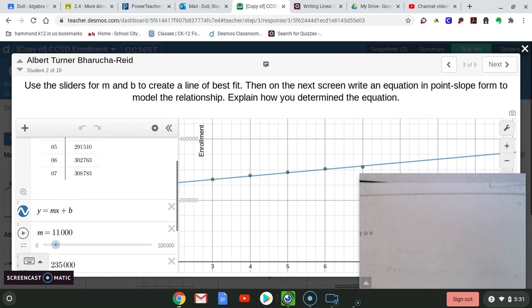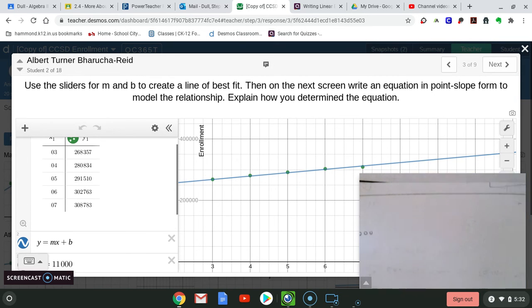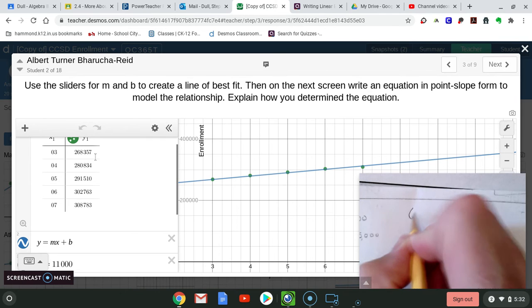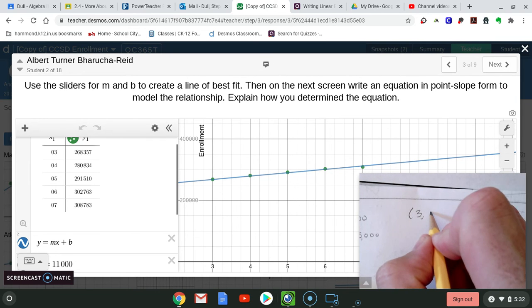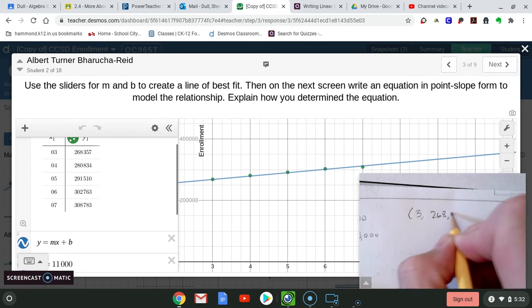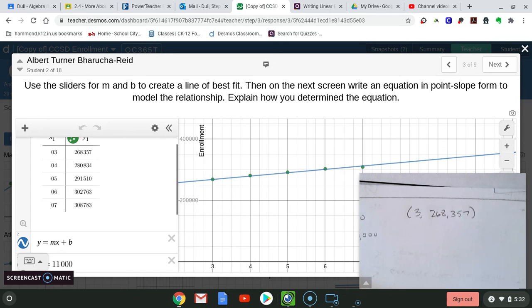So here's where things maybe went a little sideways with some of the work that we did. So if we do point slope form, we have to take a point that we're reasonably sure this line goes through. And this one is probably our best bet right here. So if I was going to take a point, I would take 3, 268,357.